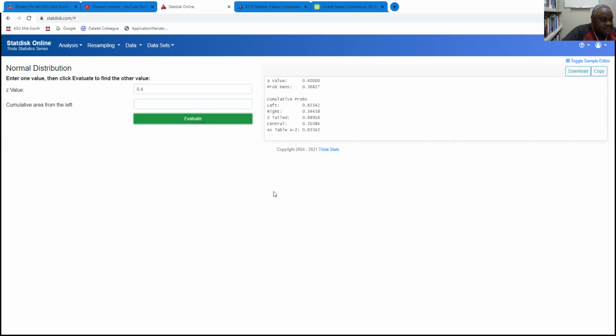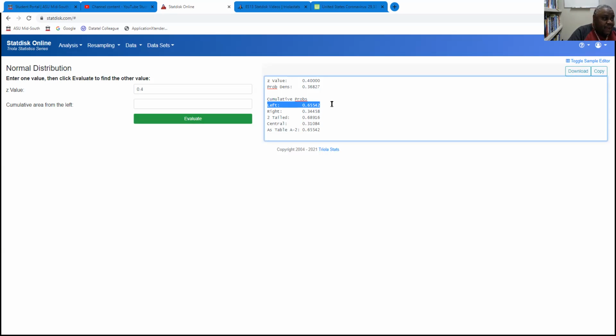Click on Evaluate. Okay. Now it does say less than 0.4. So the one we have to look at in this case is the one under cumulative probs, the one that says left. That would be the probability value for the Z for a value less than 0.4.